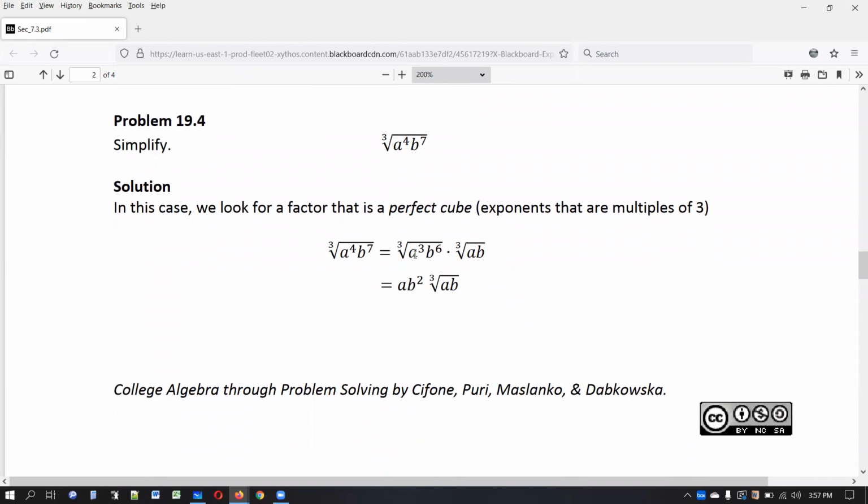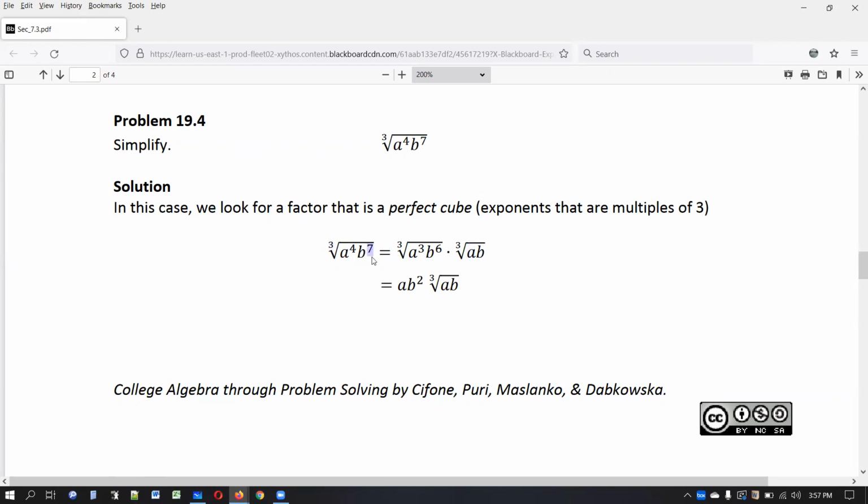Okay, it's going to be similar to this problem where I have a to the 4th p7, but this is the cubic root. So I have to break the variables so that instead of having a to the 4th, I am going to have a to the 3rd because it's divisible by 3 and some leftover.